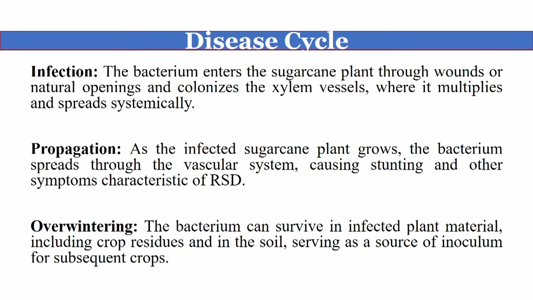As the infection grows, the bacterium spreads through the vascular system, causing stunting and other characteristic symptoms of RSD. For overwintering, the bacterium can survive in infected plant materials including crop residues and in the soil, serving as a source of primary inoculum for the subsequent crop.